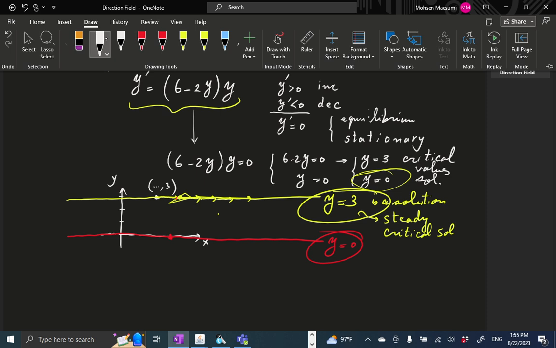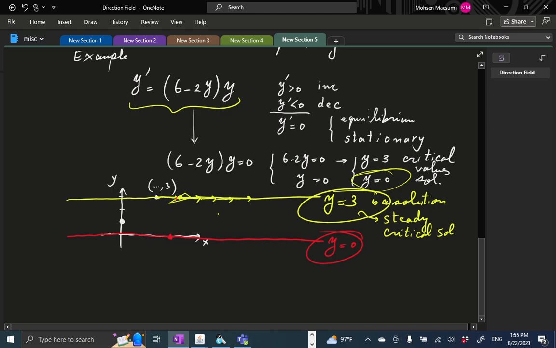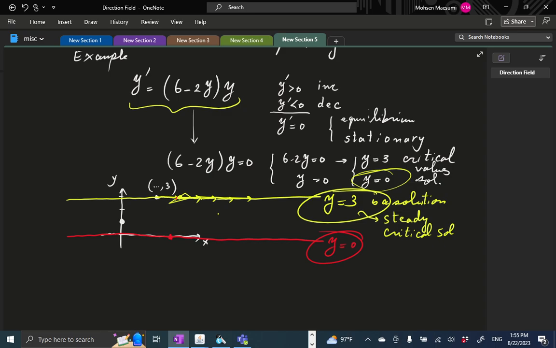Well, what if I start somewhere in between the yellow and the red? Suppose I start at this point. Anywhere in this strip is fair game to consider. So I'm looking at this point, what is y of it? Let's say y is equal to 1. If y is equal to 1, when I put it here, what do I get? 1 times 6 minus 2, that's 4.